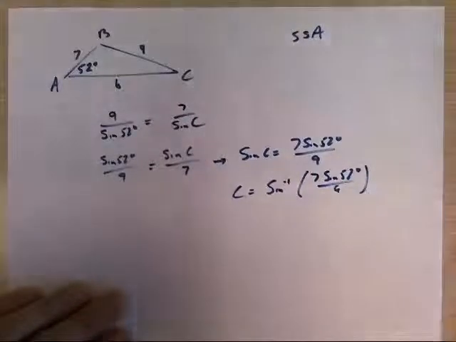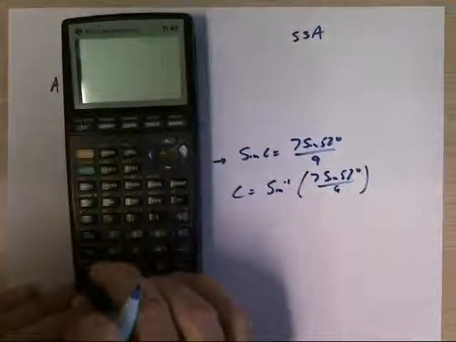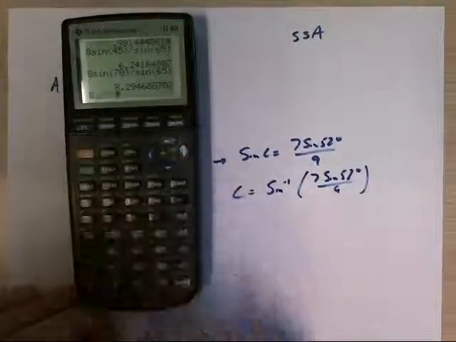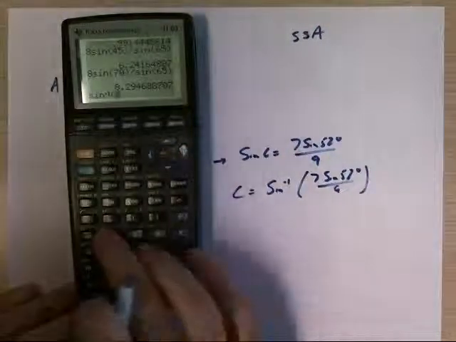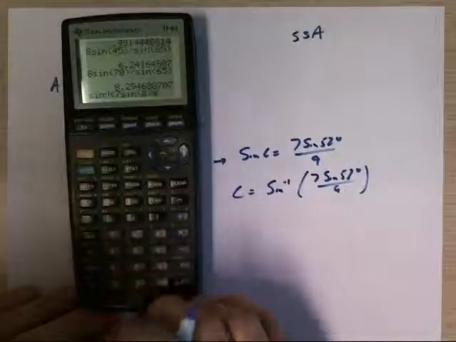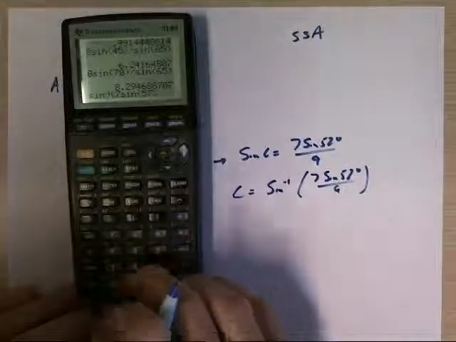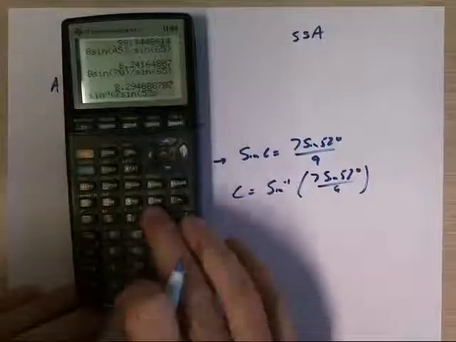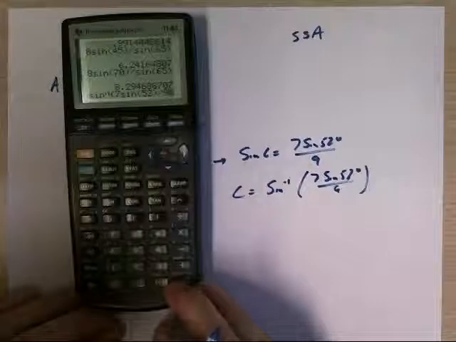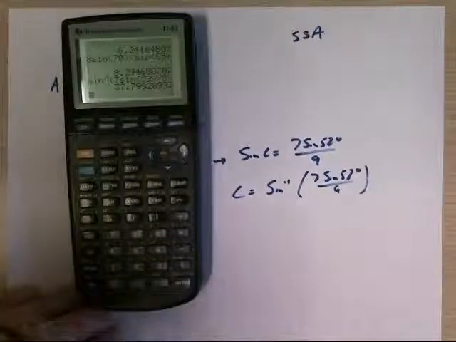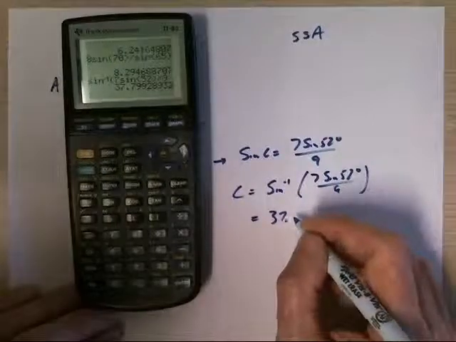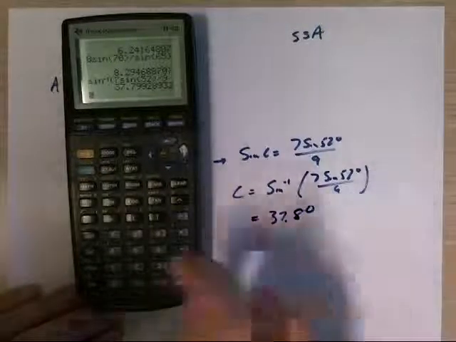Again, I'm going to let my calculator do the whole thing for me. I'm going to turn it on and say sine inverse of 7 sine 52, that's a 7, 52, divided by 9, and I end up with 37.8 essentially degrees.